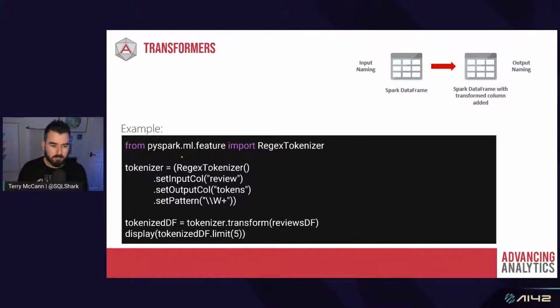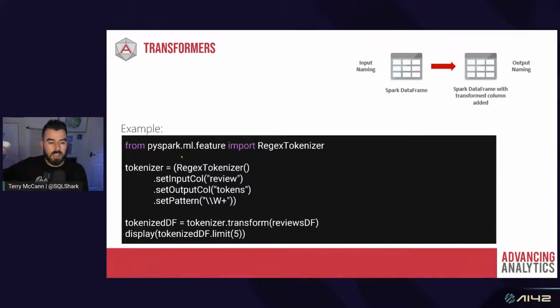So it says from PySpark ML, I'm going to import my Regex Tokenizer. We initialize that tokenizer. So here I'm going to set an input column as review, and an output column as tokens, and I want you to use this pattern.